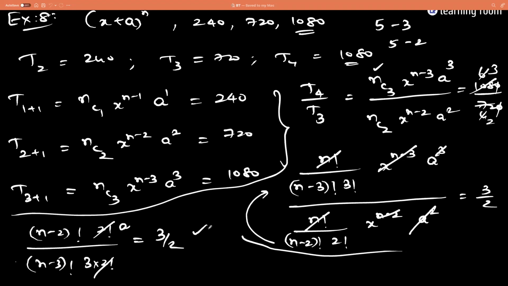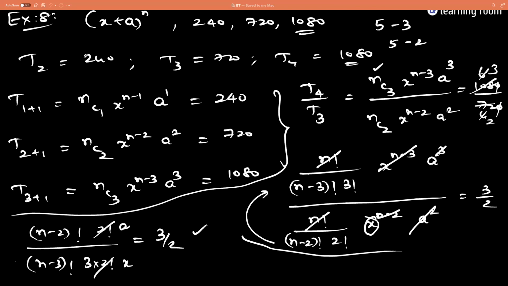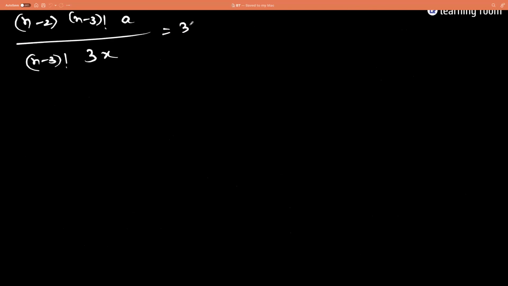Yes, sir. Okay. So what are we left out with? Did I miss an x also? Yes, I missed an x in the denominator. This x is missed. So I have n minus 2 into n minus 3 factorial into a, divided by n minus 3 factorial into x, or I'll call it 3x because this 3 is also there. 3x is equal to 3 divided by 2.